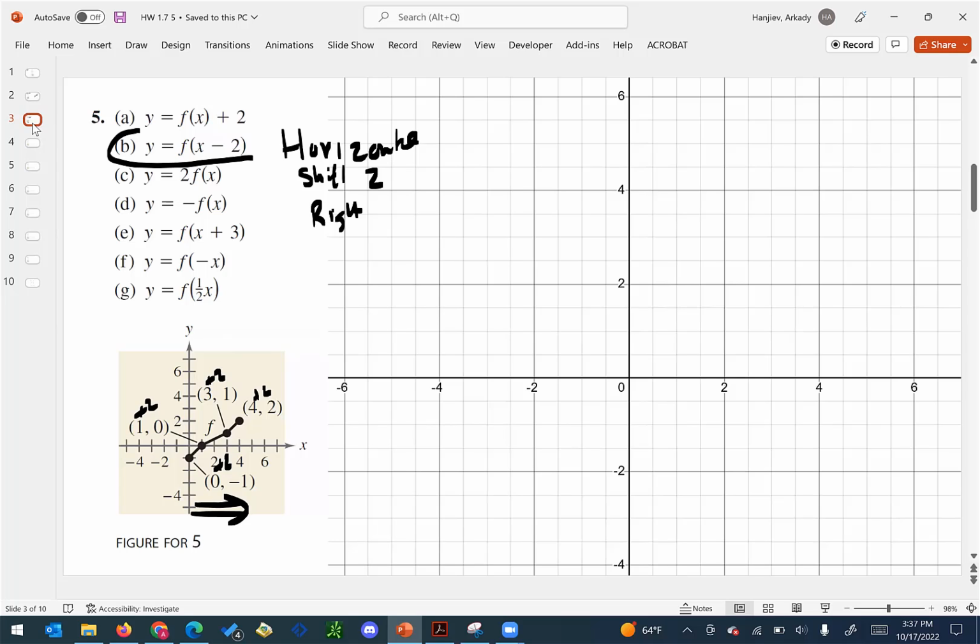So 4, 2 now rests at 6, 2. And 3, 1 now is sitting at 5, 1. Let's see, 0, 1, 0 now rests at 3, 0.